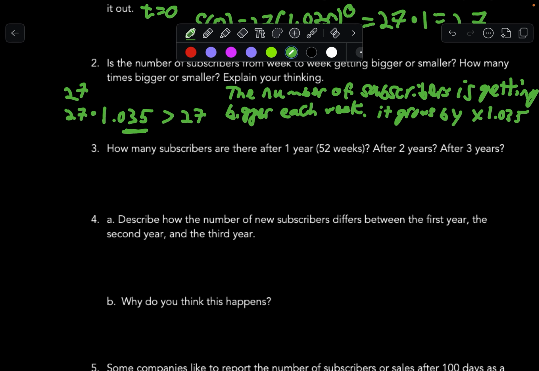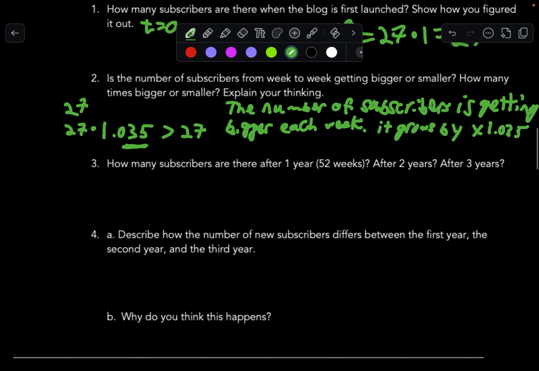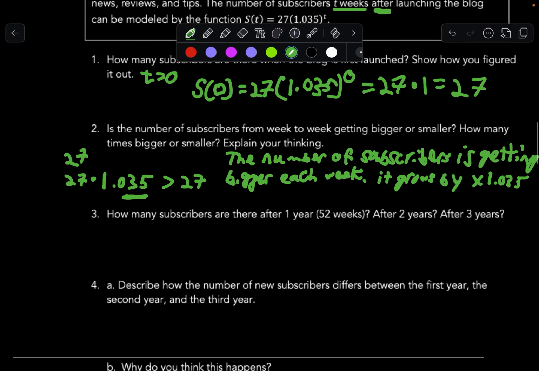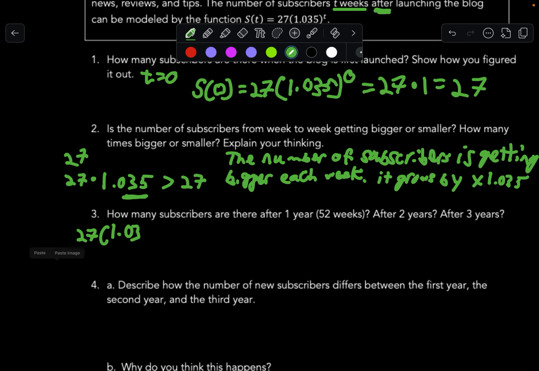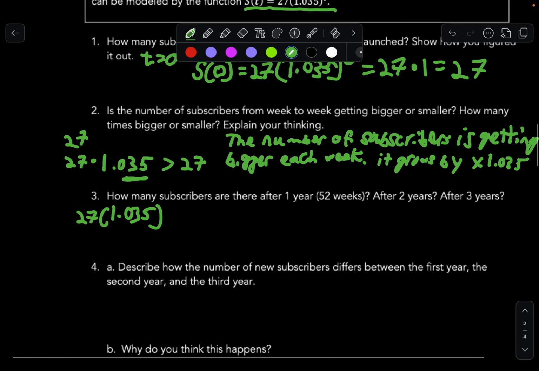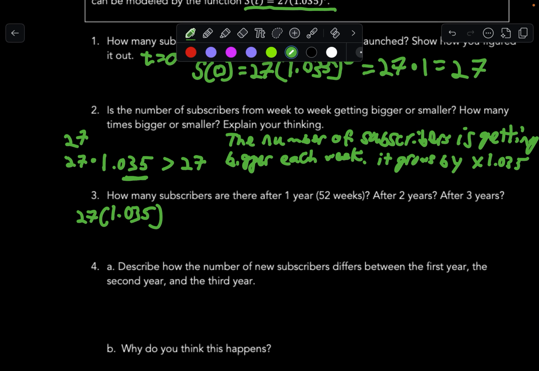So how many subscribers are there after 1 year? Well, we're going to use the expression they have. So that would be 27 times 1.035. Now, it's after 1 year, and T is in weeks, so this has to be to the 52nd power. So that's 1 year.